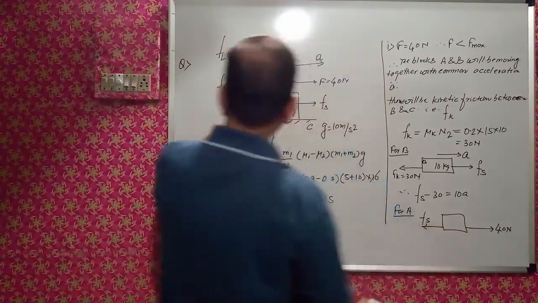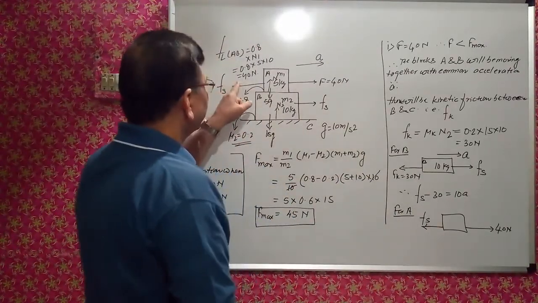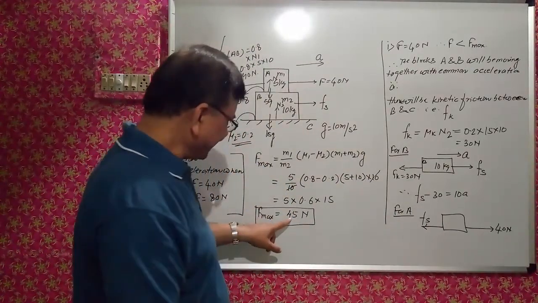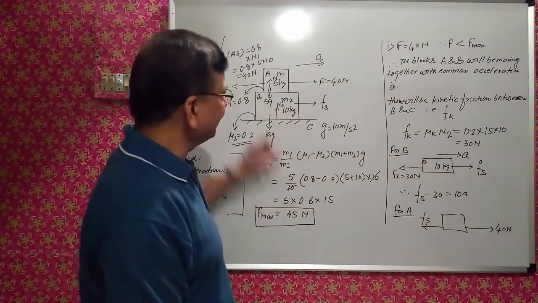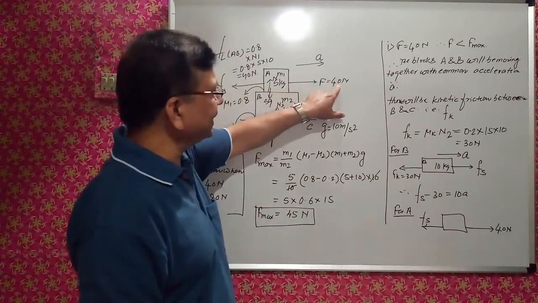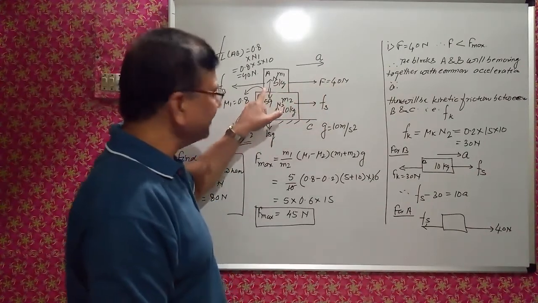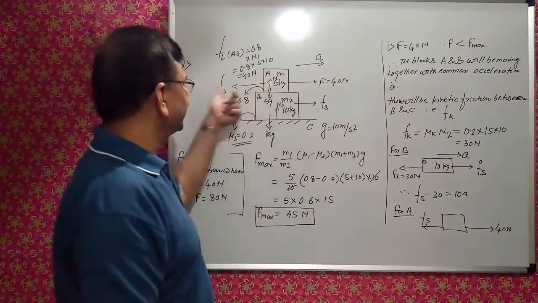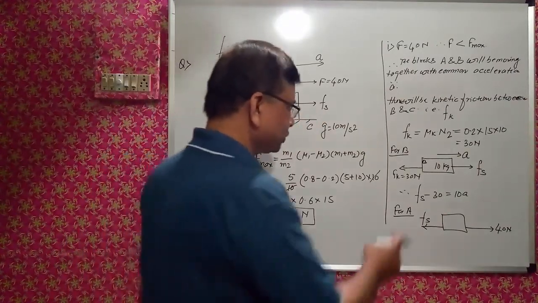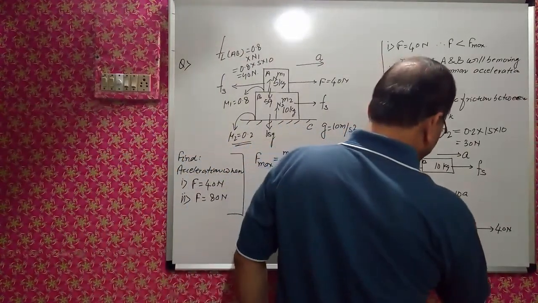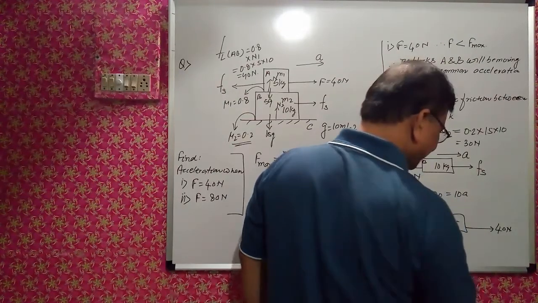Fs is acting in backward direction, right? Now, since maximum force is 45 Newton, then both are moving together. Since it is 40 Newton, then on this limiting friction will not act. That is static friction Fs will act, and that Fs will be applied over here also. So, it is A, mass is 5 kg.